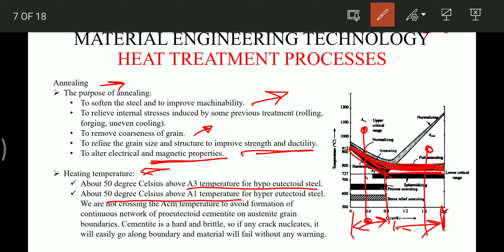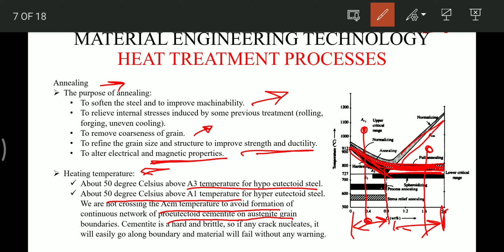We are not crossing the ACM temperature in annealing, and the reason is that a continuous network of proeutectoid cementite in the austenite grains will be formed.